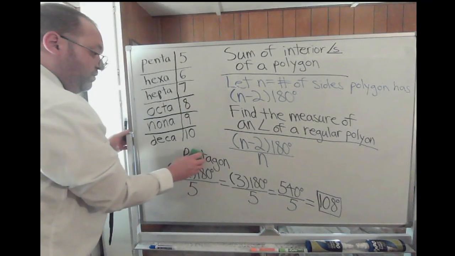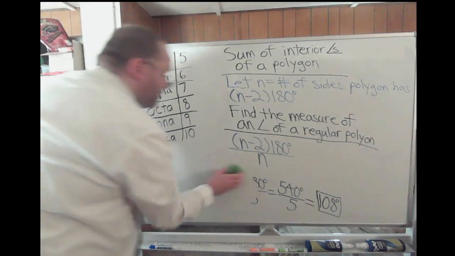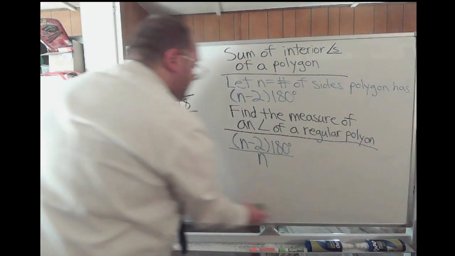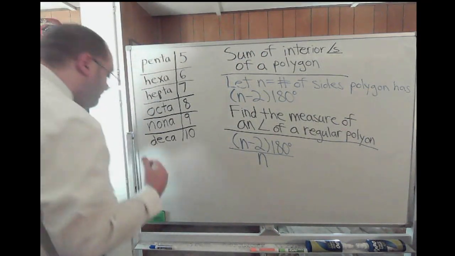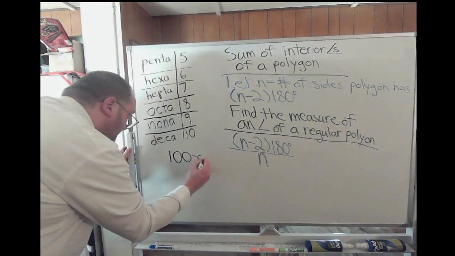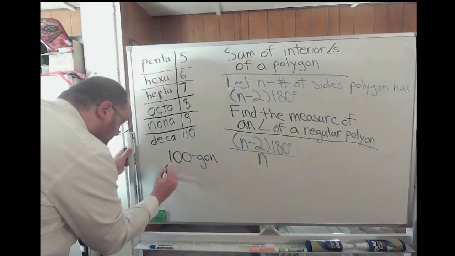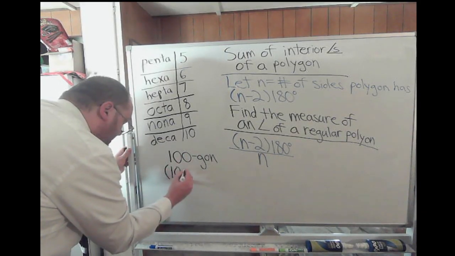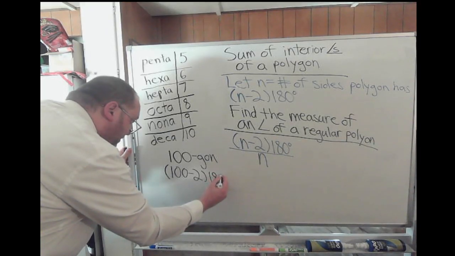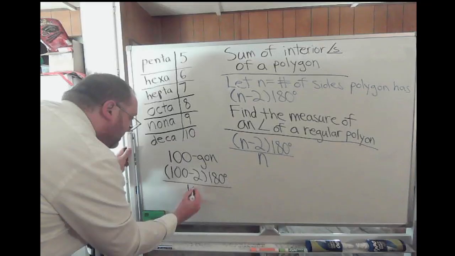Now for the final one, let's just amuse ourselves. Let's do a 100-gon. Let's go ahead and do that 100-gon. What do you say? So we're going to do a 100-gon. So again, take your number of sides in the parentheses, will be 100 minus 2, multiply that times 180 degrees, divide the whole thing by your number of sides, which would be 100.